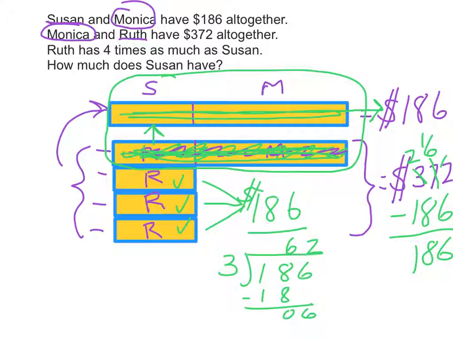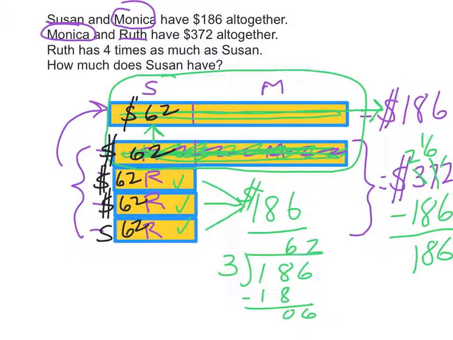So this should be $62, and this should be $62, and then of course this one is $62, and in fact this one here is 62, and so is this one here because it's the same size.